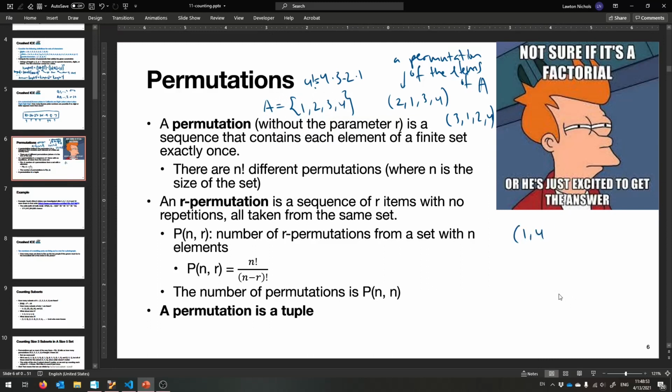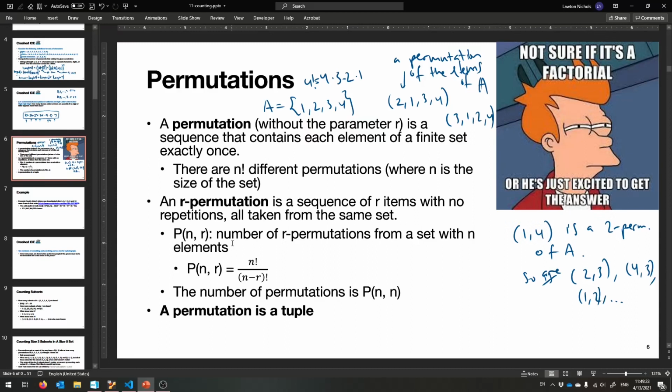Like 1, 4 is a 2 permutation of A. Like so is 2, 3. So are 2, 3, 4, 3, 1, 2, etc. Okay? Those are 2 permutations of the set. They are sequences of length 2 using elements of A.